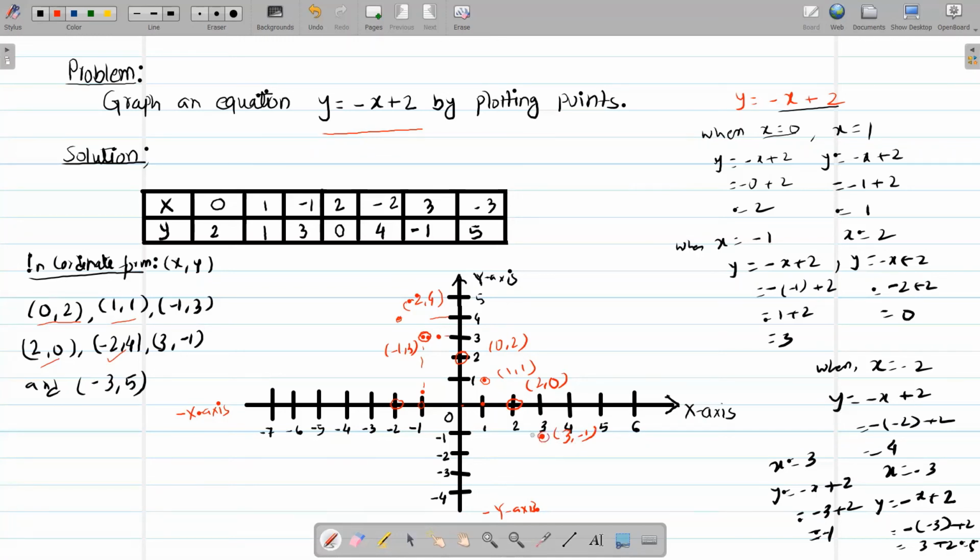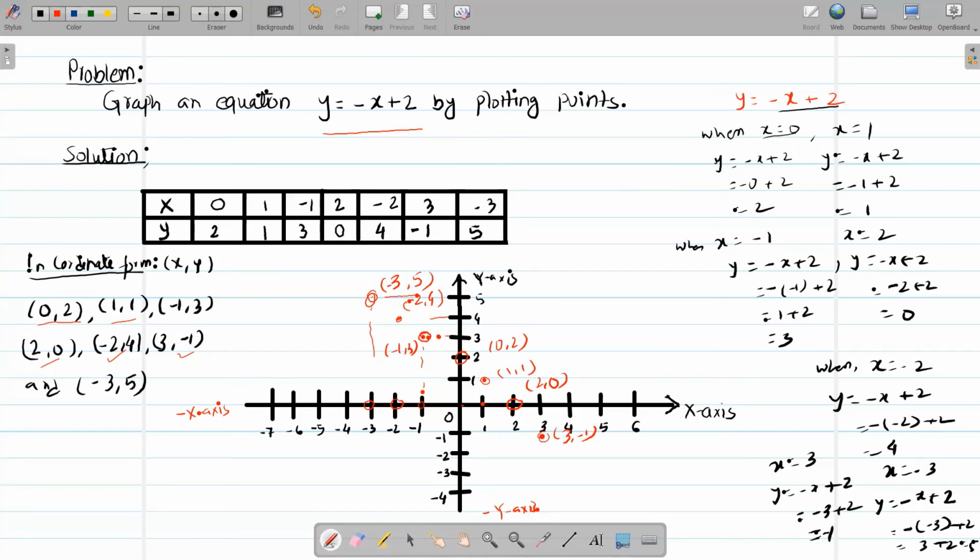Now our last point is negative 3 and 5. So negative 3 on the x-axis is here, and y-axis plus 5 is here. This coordinate is negative 3 and 5.